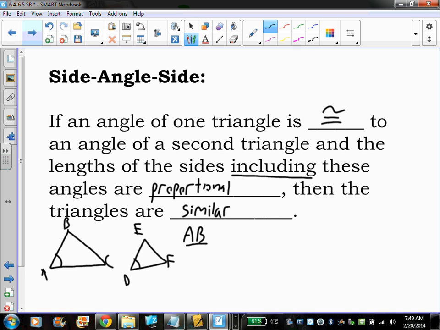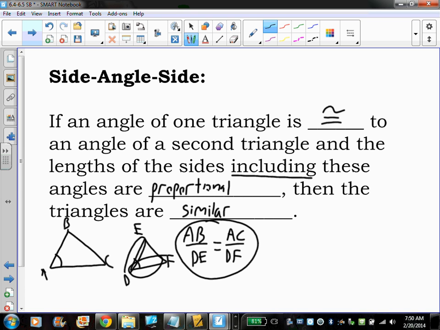AB over DE equals AC over DF. If we're told that information, then we can say that these triangles are similar, because AB and DE and AC and DF are the two sides that are forming angles A and D. This allows us to say that the triangles are similar because these sides are forming the angle that we're talking about.